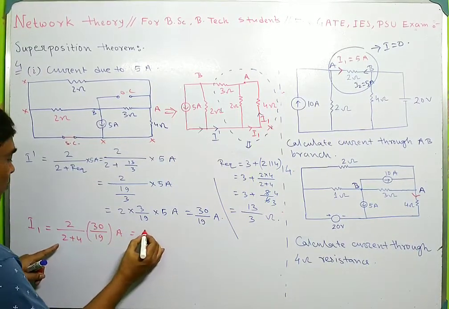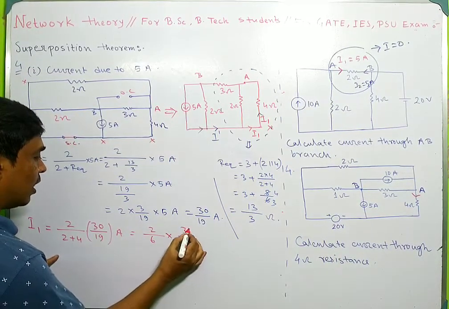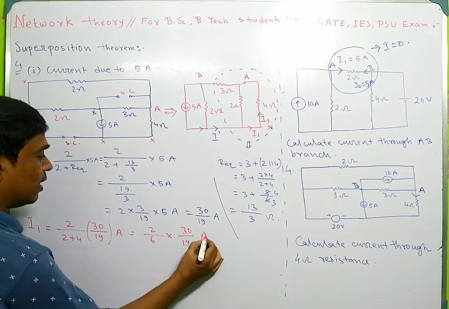So it will be 2 divided by 6 into 30 divided by 19 ampere.